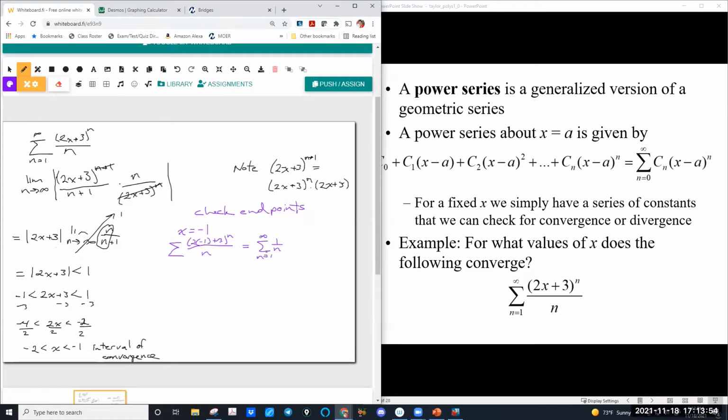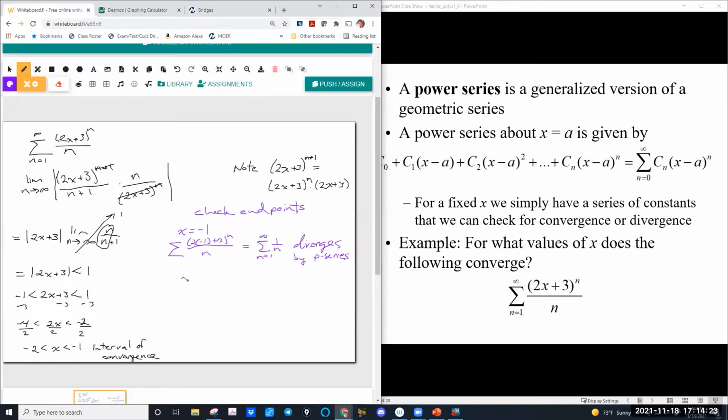We know something about this series. This is our harmonic series. We know that this series diverges, by the harmonic series, or we could say by p series. So those tests we were doing last time, this is where we need them. So we do not want to include -1 as an endpoint.